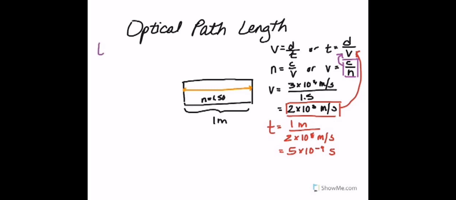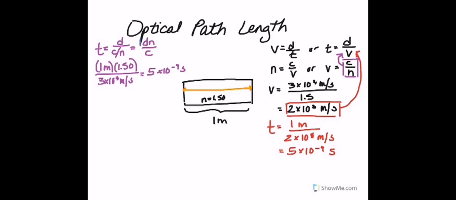And so now we could say that T is equal to D over C divided by N, or if rearranged properly, it would be dN over C. And for example here, the distance of 1 meter times the index of refraction of 1.50 divided by the speed of light, 3 times 10 to the 8th meters per second. And you would find the same result for the time of that ray of light to travel through, 5 times 10 to the negative 9 seconds.